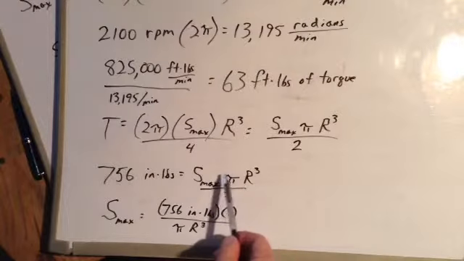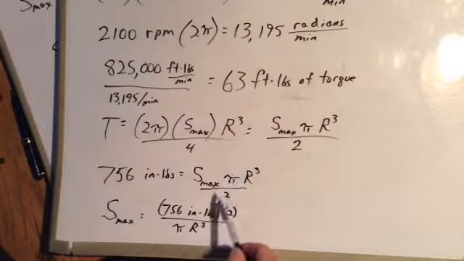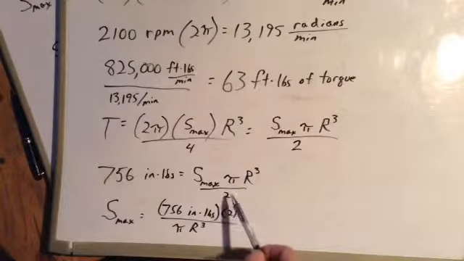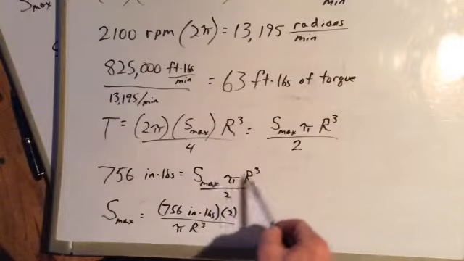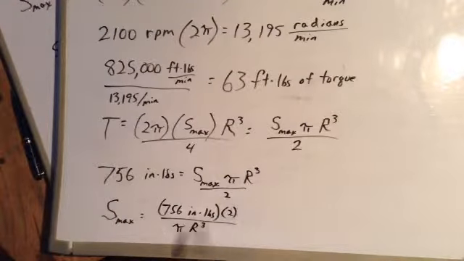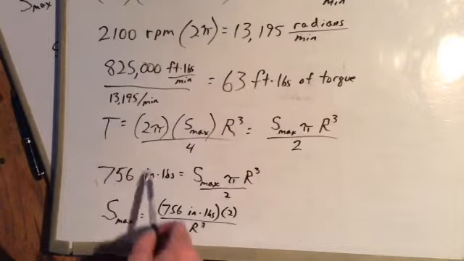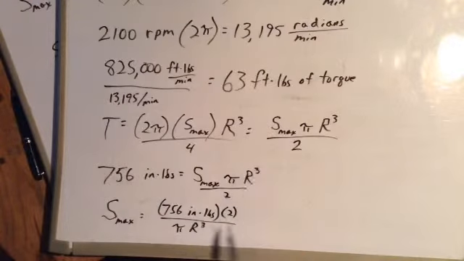So we divide both sides of the equation by that. S max is going to equal that divided by that. So there we have it. S max equals 756 inch-pounds divided by pi r cubed over 2.